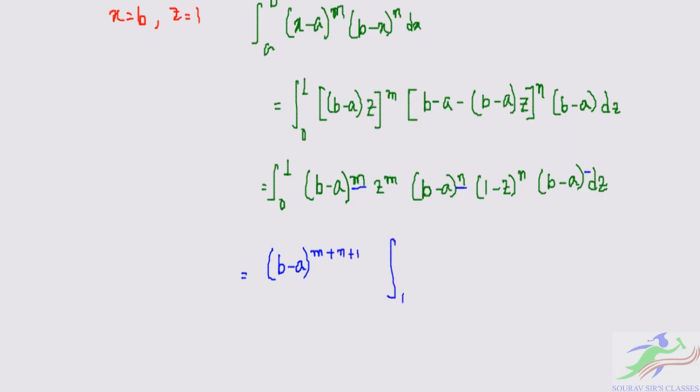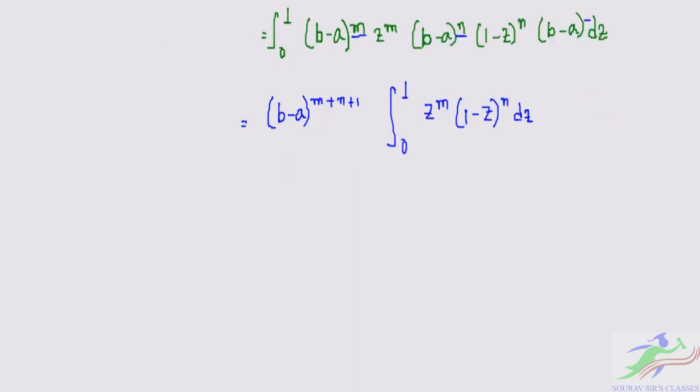And the integral will be 0 to 1 of z to the power m (1 minus z) to the power n dz, right? So we can write it in terms of the beta function. So it will be (b minus a) to the power m plus n plus 1, and the beta function will be beta of m plus 1 comma n plus 1.